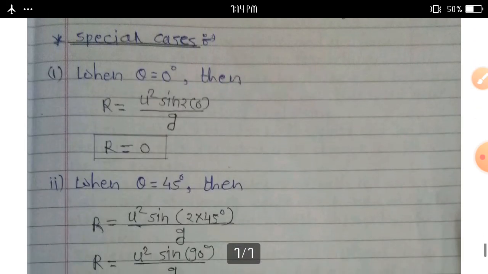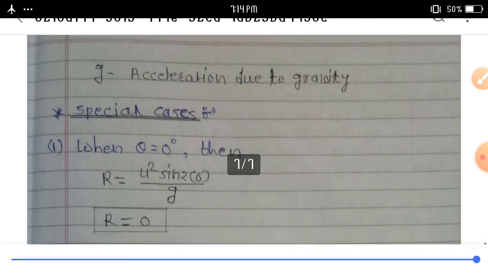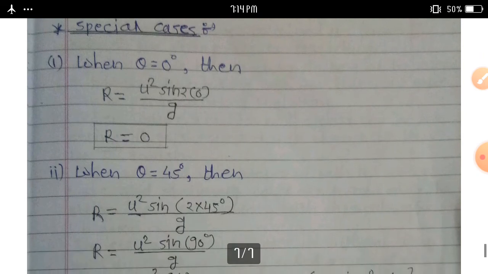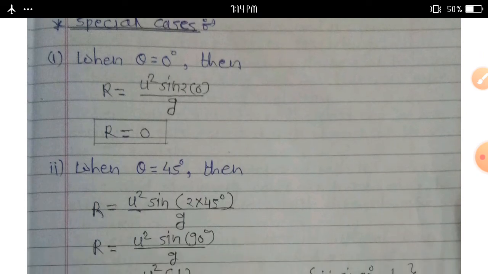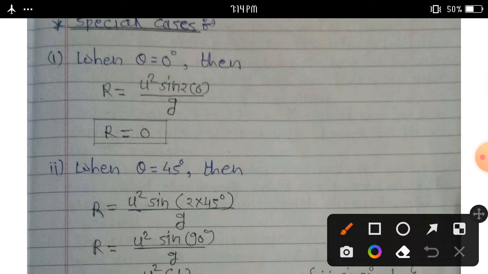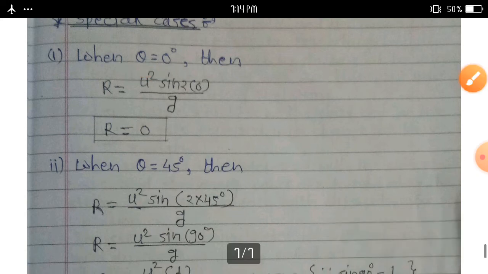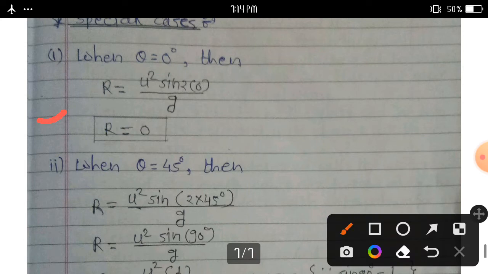Special cases from this formula for horizontal range. Here, when theta is equal to 0 degrees, capital R is equal to u square into sine 2 into theta.